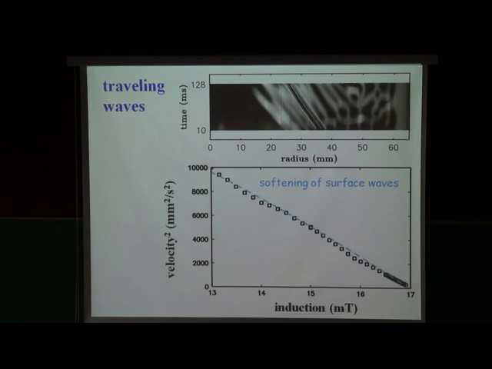Now, what is interesting is that this wave propagation is scaling with the distance from the critical field. Here you see that the critical field or the critical induction is approached. It's about 17 millitesla, and here is the square of the propagation velocity of these waves.